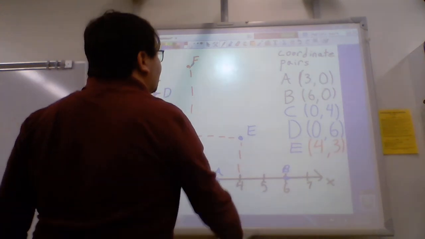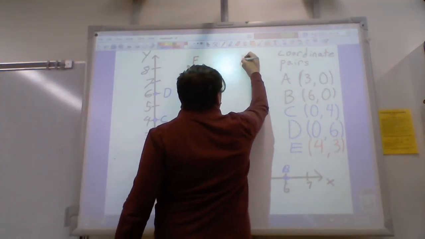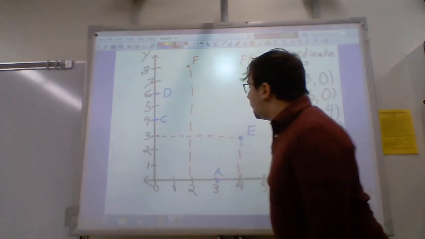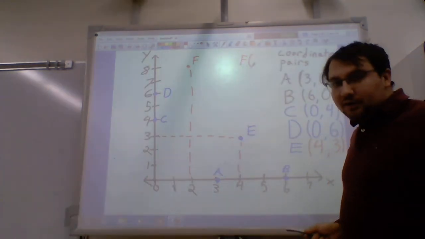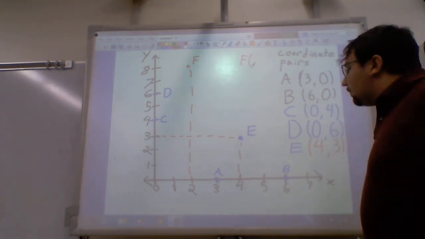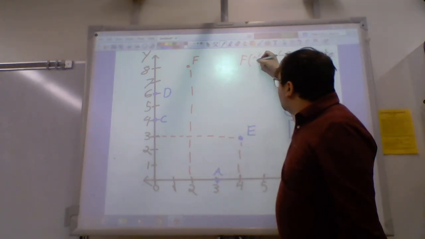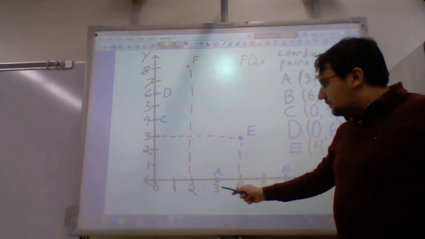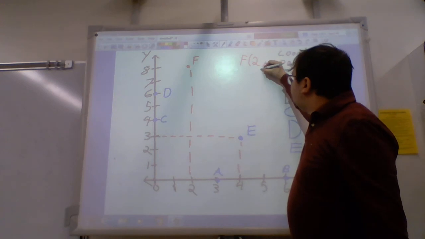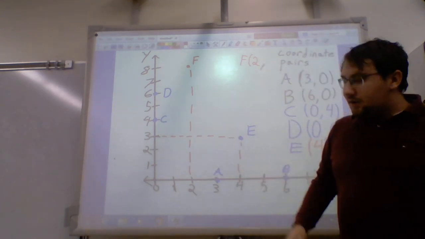So we know that for point F, I'll write it over here because I'm lacking space over here. For point F, our X coordinate, that's what we call it when it's on our X line, is going to be 2 because it's right above our 2. Let's see what our Y coordinate is.